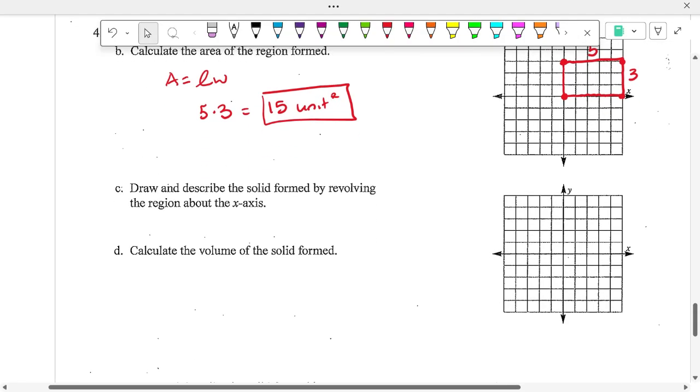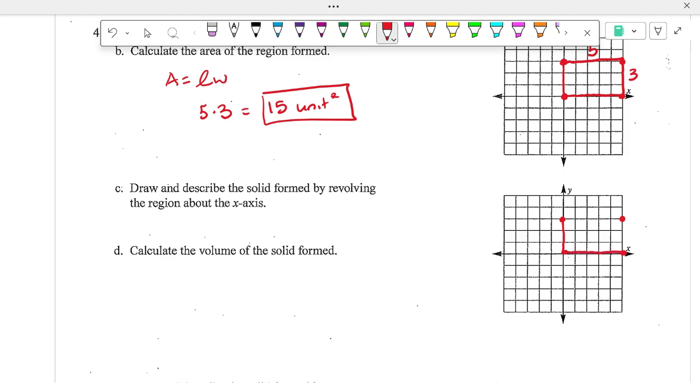Now, we're going to redraw this figure, but then rotate it around the x-axis. So I'm going to redraw the figure. I'm going to rotate it around the x-axis. So it's going to look something like this. And we know it creates a what?